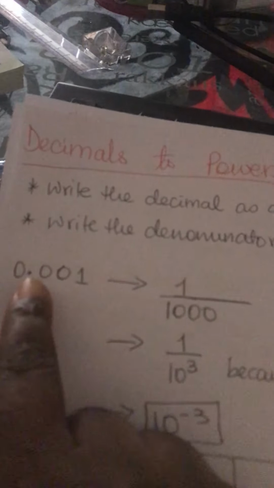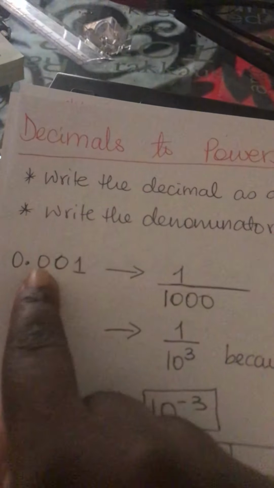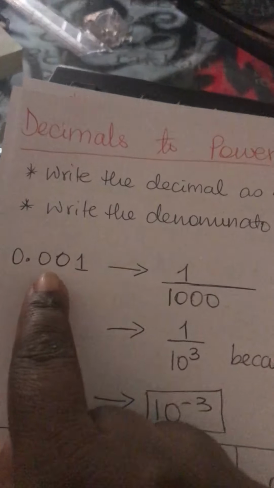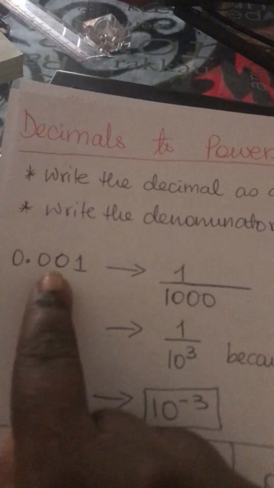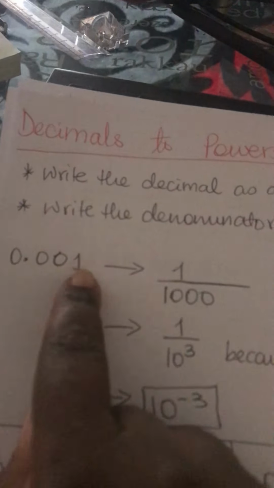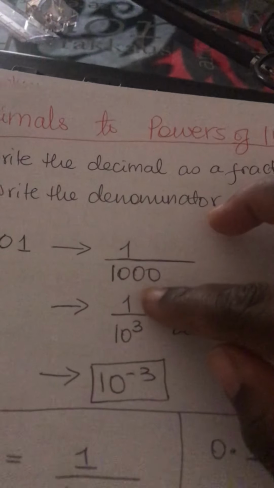So when I have this decimal, I am going to write it as a fraction. I need to know how to read correctly. So this becomes 1. This is 1,000th, because 1 is at the thousandth place. So I'm going to write 1 out of 1,000.